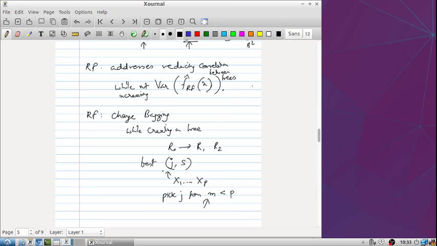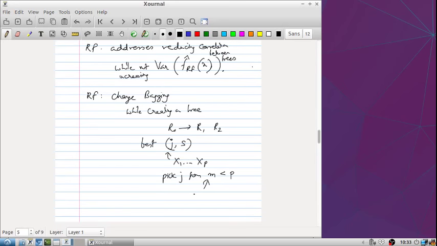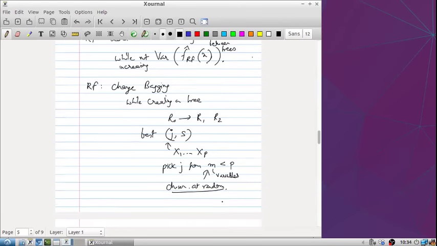So if features are very different, then trees are, in a very hand-wavy way, going to be less correlated. So some m variables chosen at random from some subset. So that's it. That's random forest.